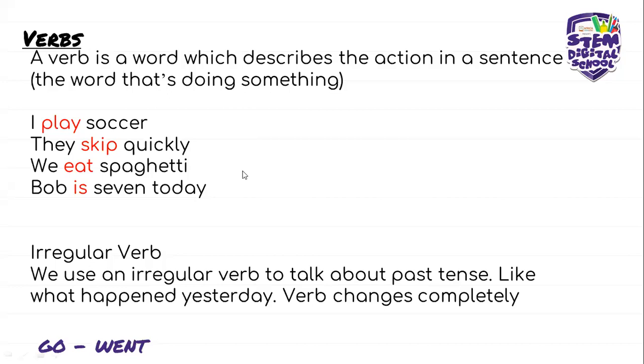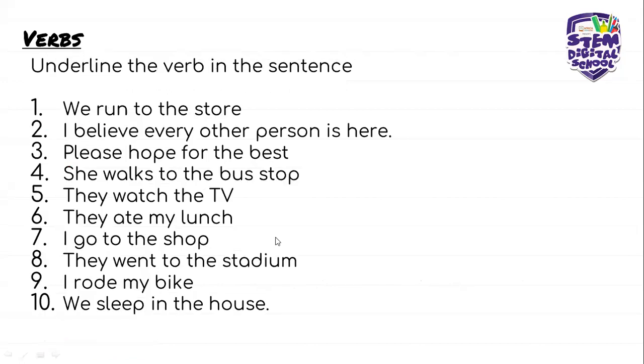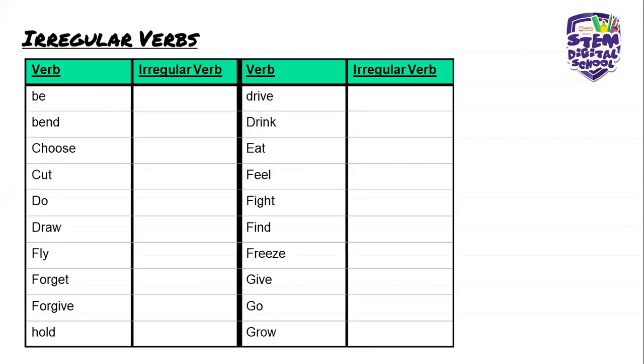Okay, remember that there can be more than one verb in a sentence, and sometimes a verb in a sentence isn't the action word. It looks like a verb, but it isn't the action word in the sentence. But I will explain that to you when you get to the exercises. I want us to do the irregular verbs again together.